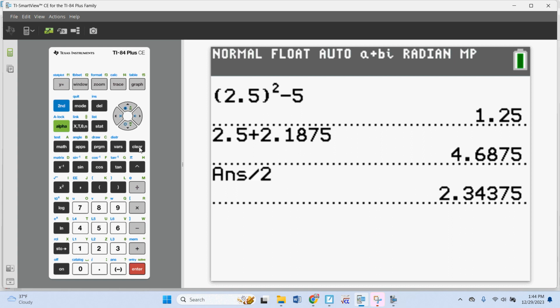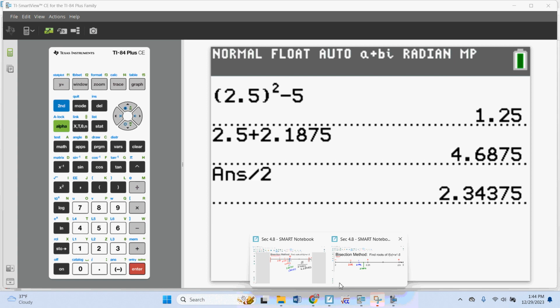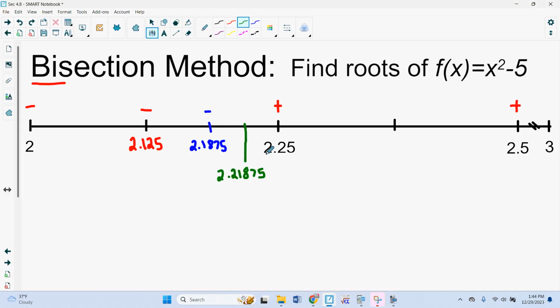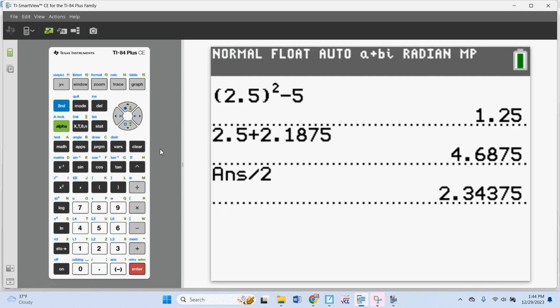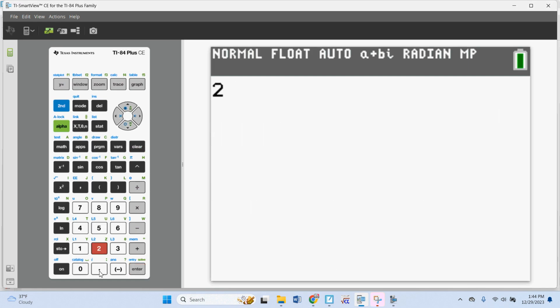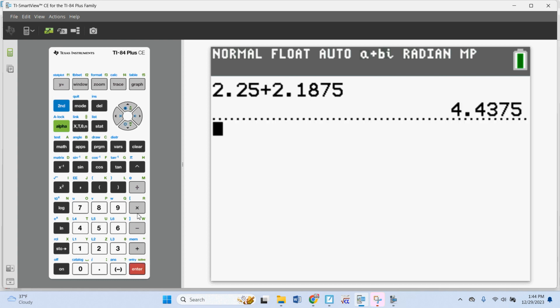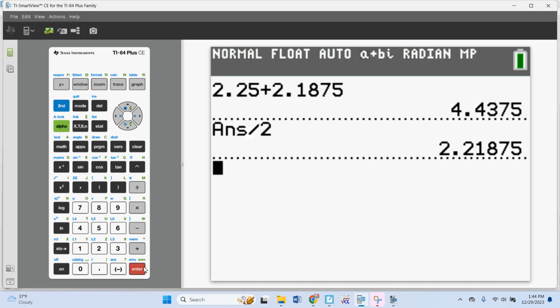Oh, I used 2.5. Sorry. I should have used 2.25. So let's try this again. I have 2.25 plus 2.1875, divide by 2. That gives me my 2.21875.